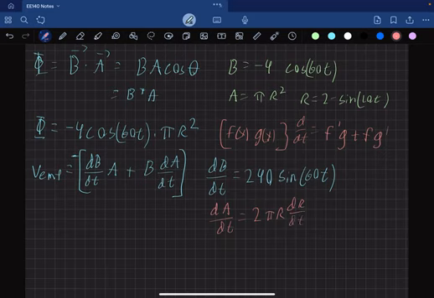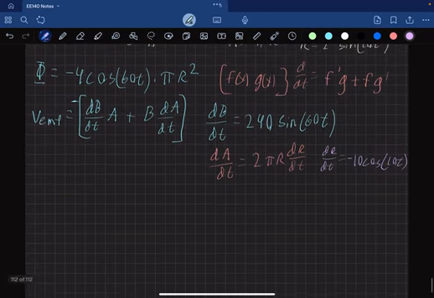That's the derivative of our given r. dr/dt is equal to, the 2 cancels, so we just need the derivative of sine 10t, which will be 10 cosine 10t. Okay, now that we have all the components, we just have to put it together.